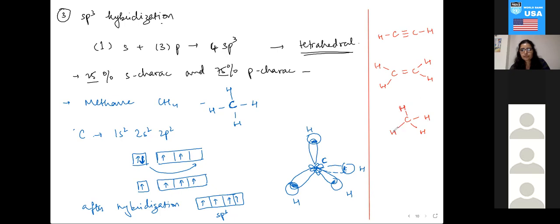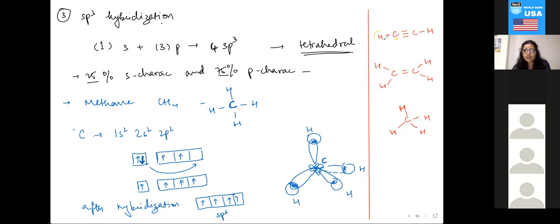Now focus on only one carbon atom in each of these cases. How many sigma overlaps did this carbon need? Like how many different atoms did it need to bond with? 2.